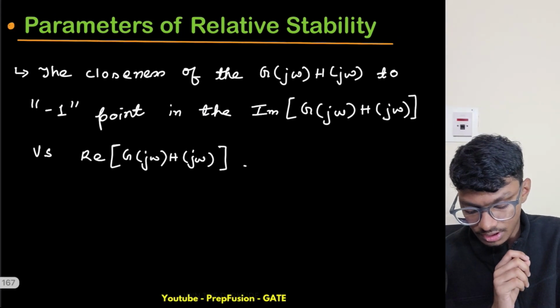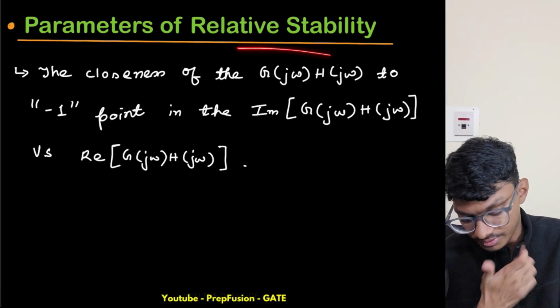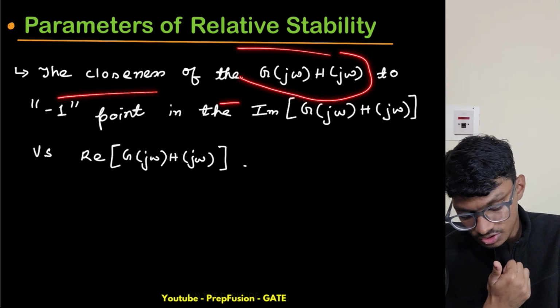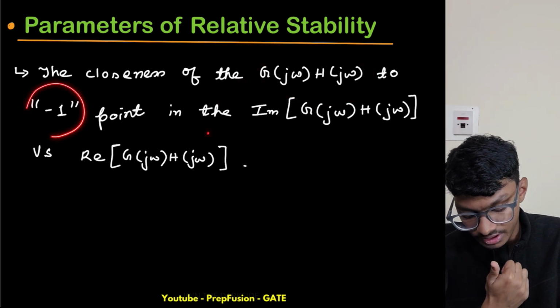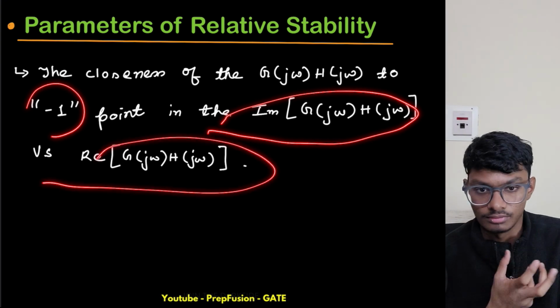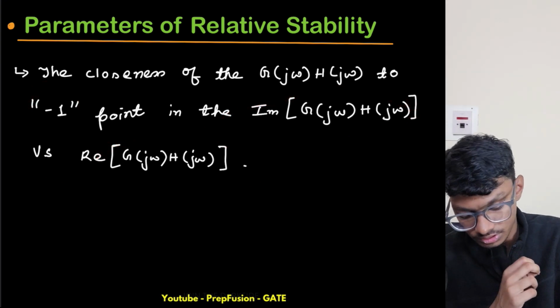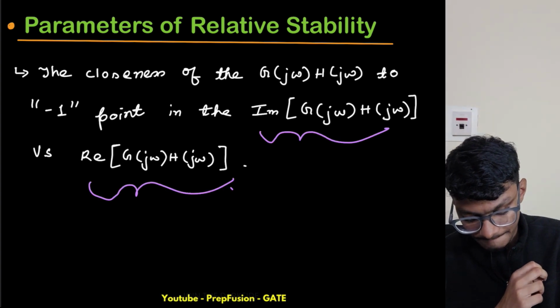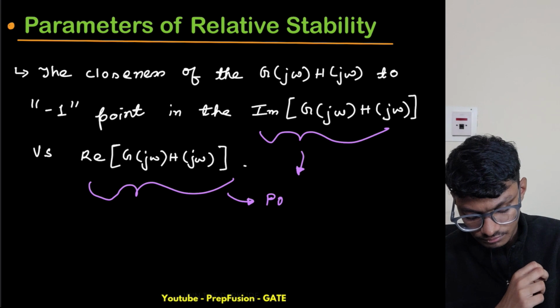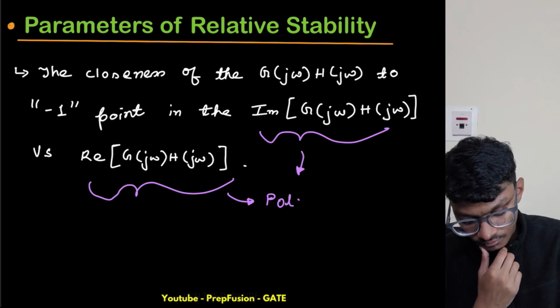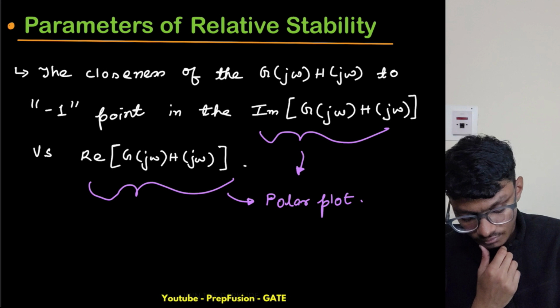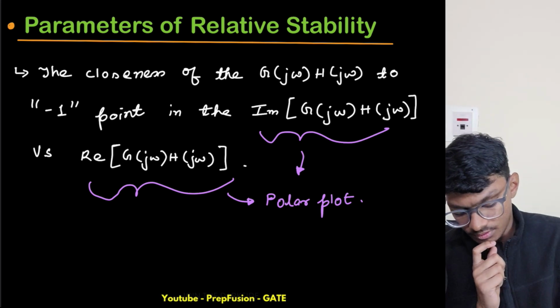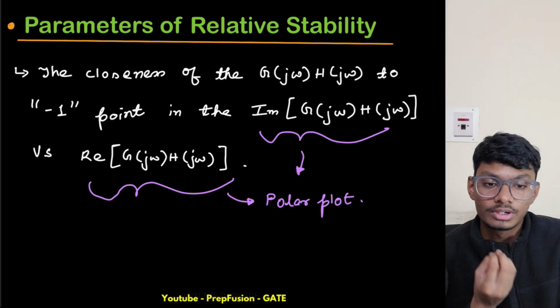Now let's understand the parameters of relative stability. The closeness of G(jω)H(jω) to the minus 1 point in the imaginary versus real plane, basically the polar plot, will tell me about the relative stability.